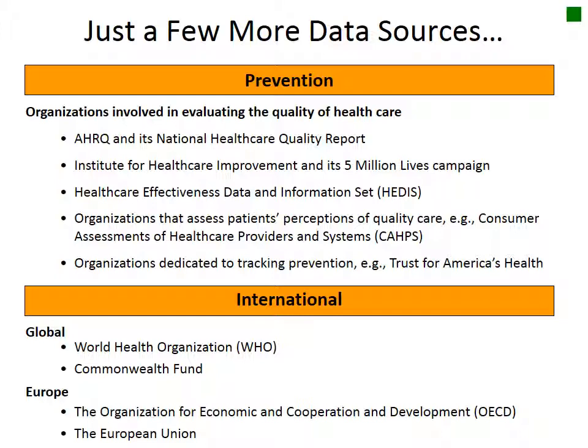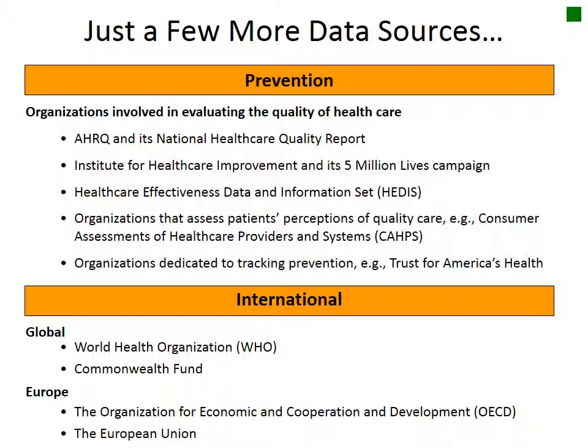So there are various organizations listed here that are involved in evaluating the quality of our healthcare to conduct improvement measures, but more importantly, to conduct preventive services, preventive medicine, and preventive science to nip the problem right at the beginning so that it doesn't progress and become a chronic disease over time.